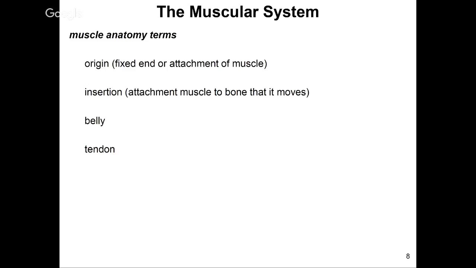So the anterior cruciate ligament, what is that connecting? Ligament is bone to bone. So what two bones is that connecting? I'd have to look it up, but it's the femur to probably the tibia.